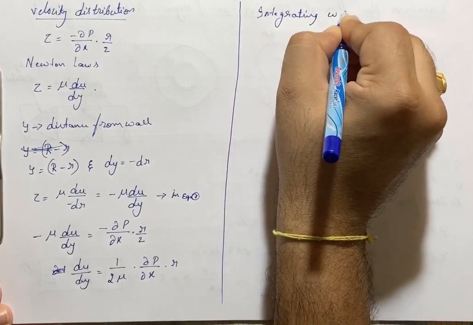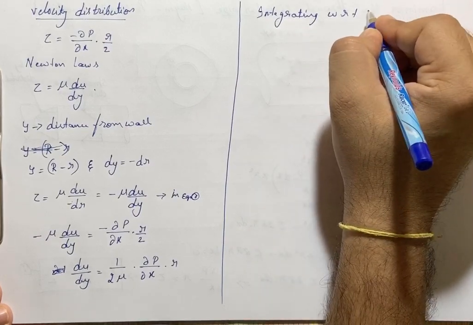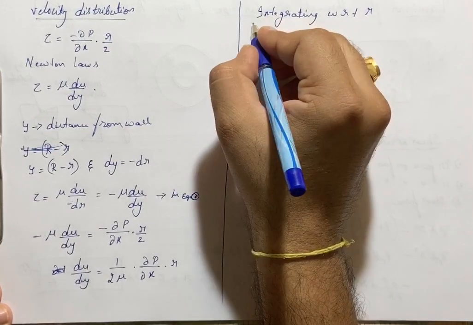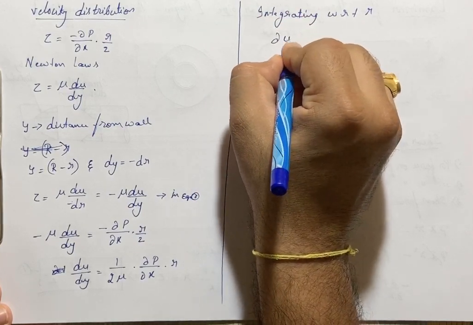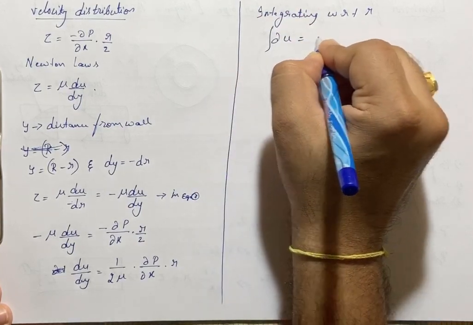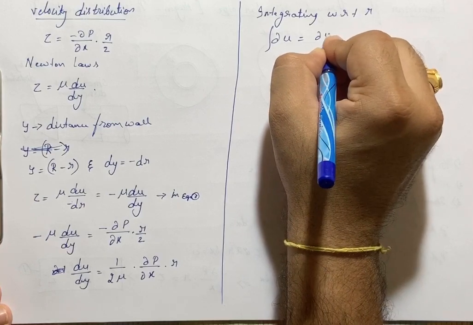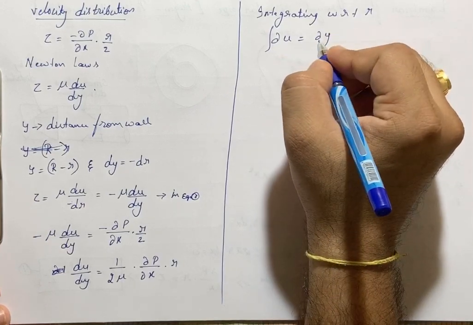Integrating with respect to r, right? When we integrate this, that means ∂u integration equals ∂y integration.